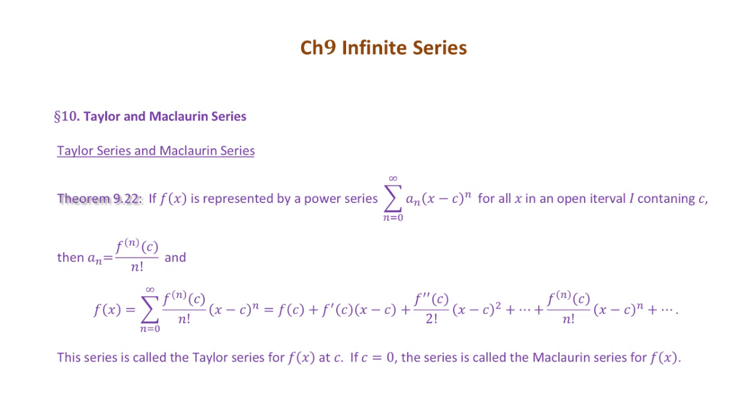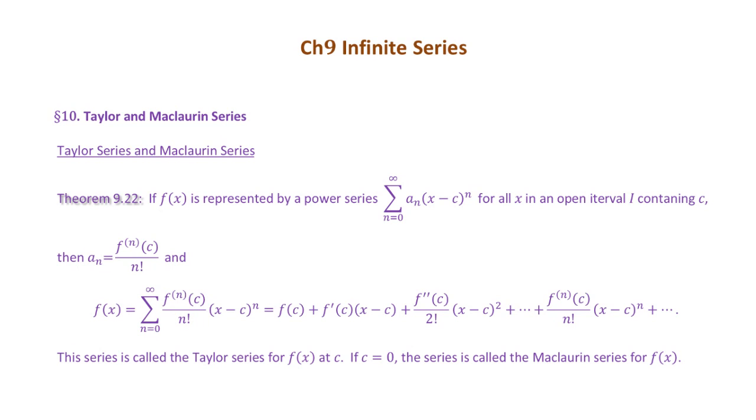Then, if x is specified and c is chosen, you can find the coefficients of the power series for the function f using the formula a_n equals the nth derivative of f evaluated at c, over n factorial. So then you can write f of x equal to the sum of the nth derivative of f evaluated at c over n factorial, times (x minus c) to the n.